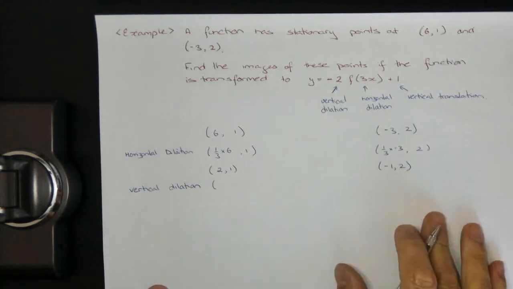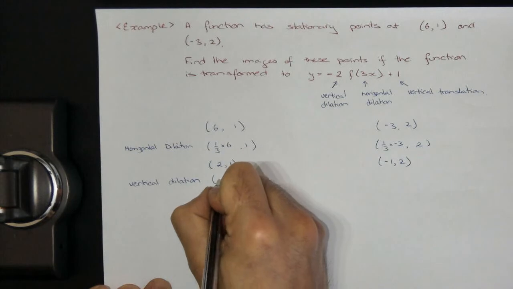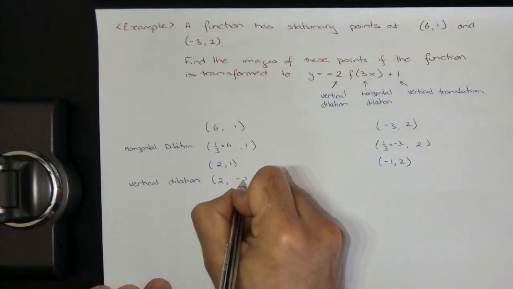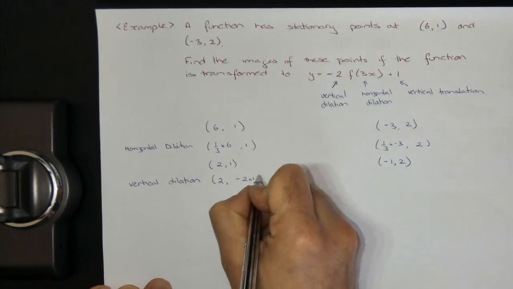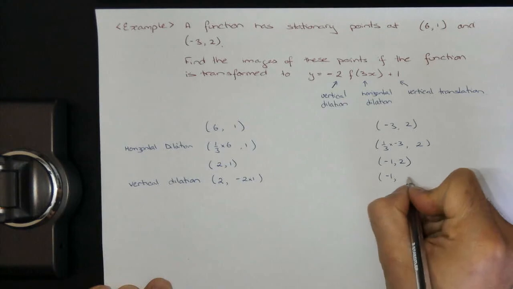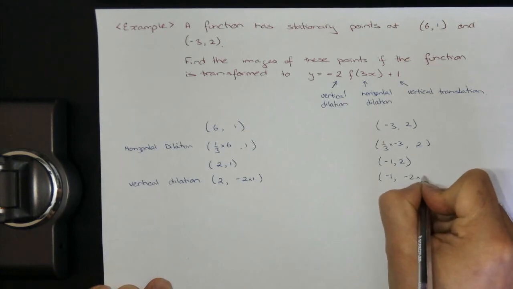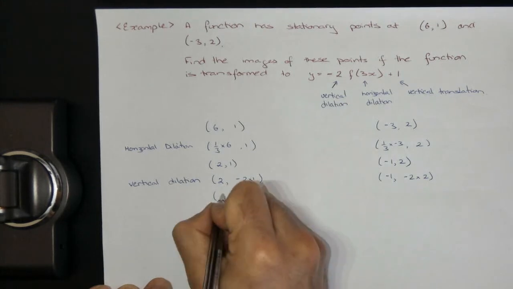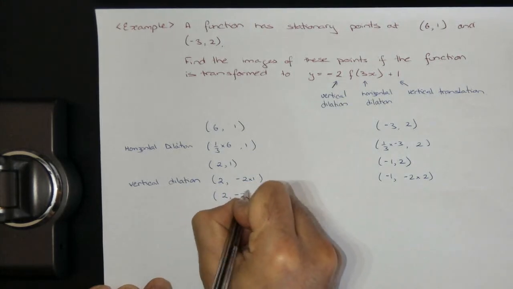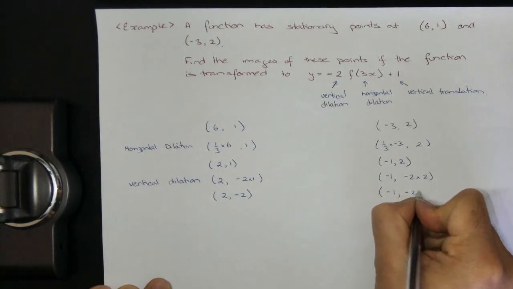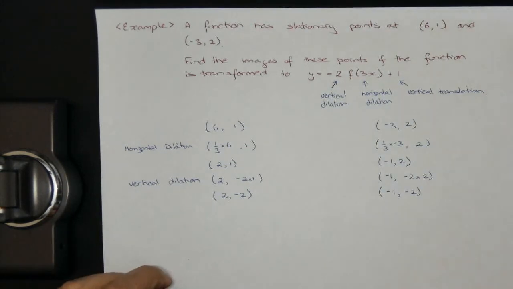Okay, and that's going to affect my y. So what I'm going to do is multiply it by negative 2. So it's going to give me (2, -2).